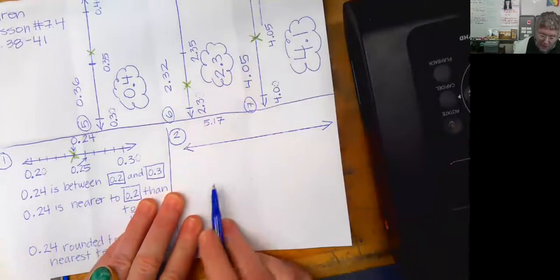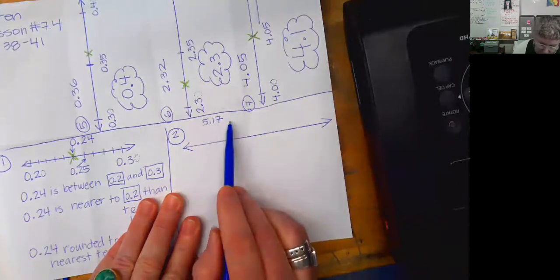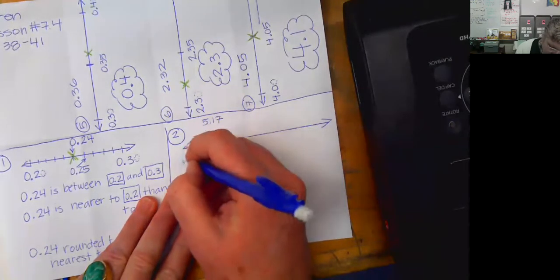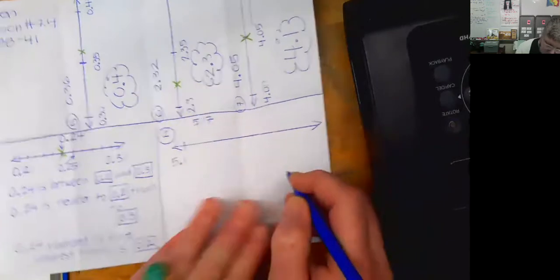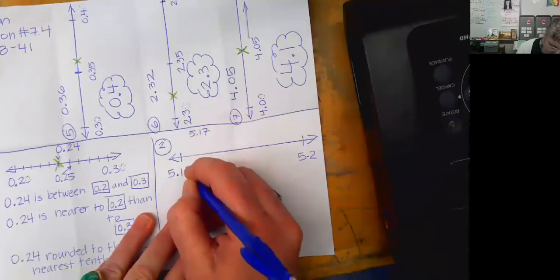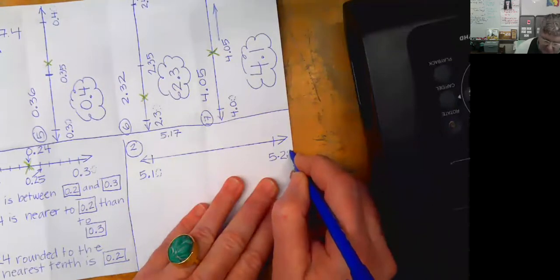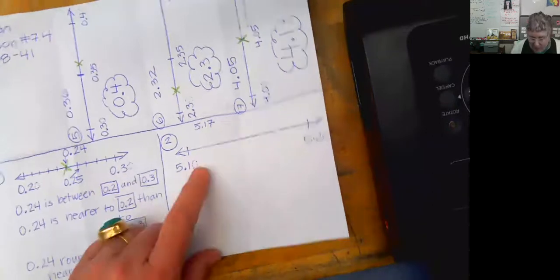So we're going to have to go between 5.1 and 5.2. Again, if you need to draw in the little imaginary zeros to make it into a hundredth, that's what I do in my head.